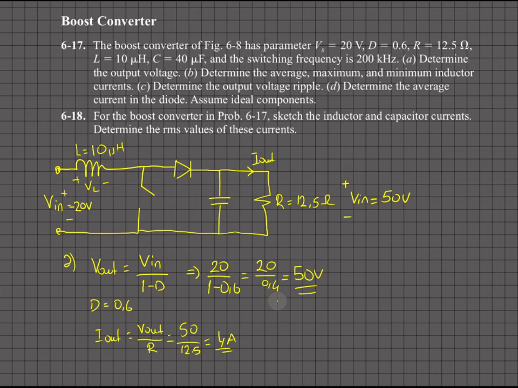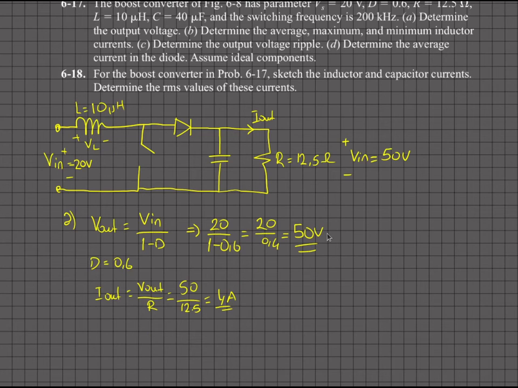So let me write the other important parameters here. I know our switching frequency is given here, it is 200 kilohertz. So in 1 second that switch is turned on and off about 200,000 times.